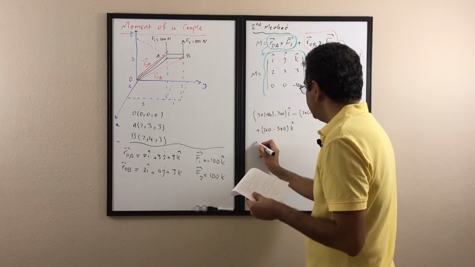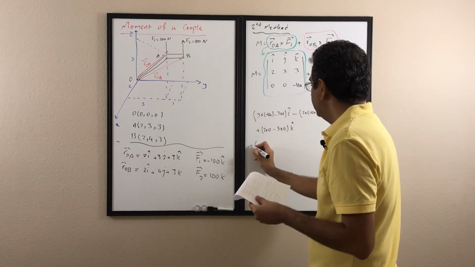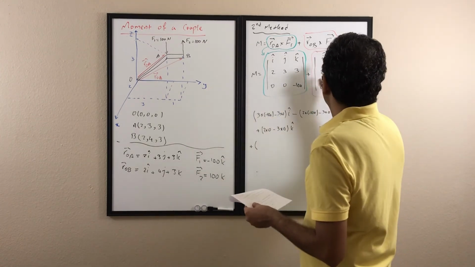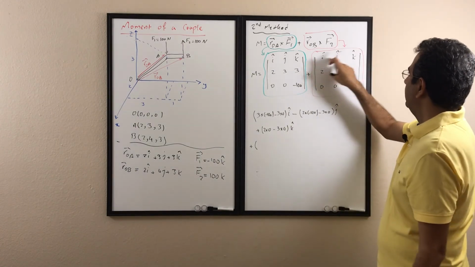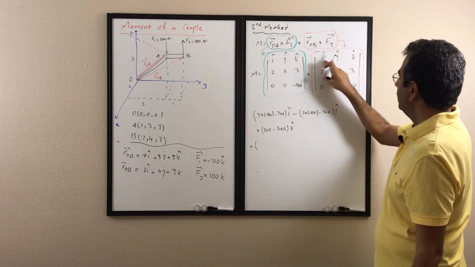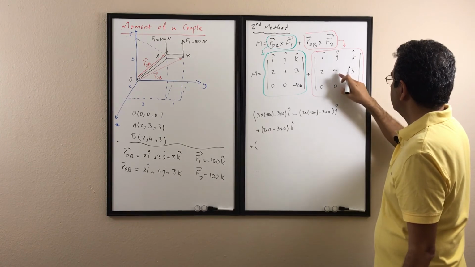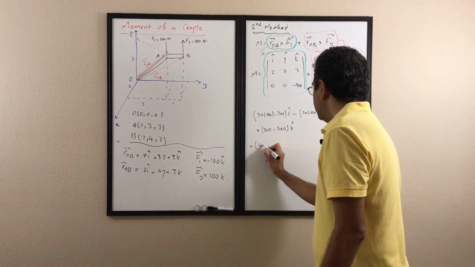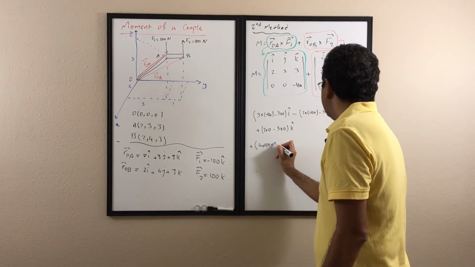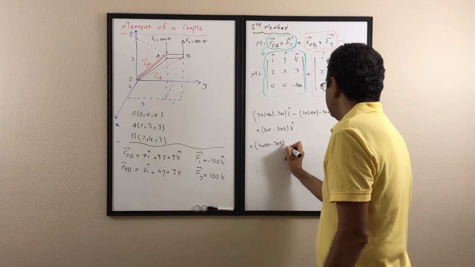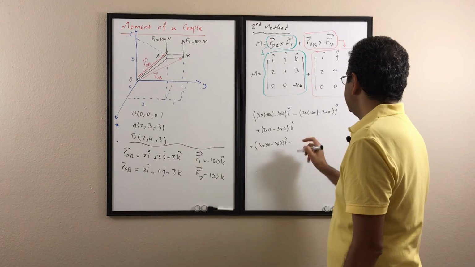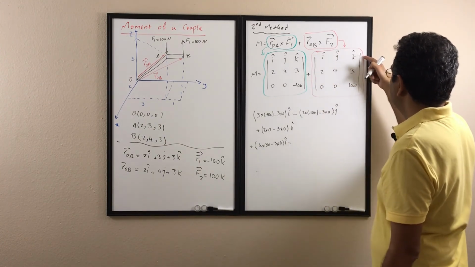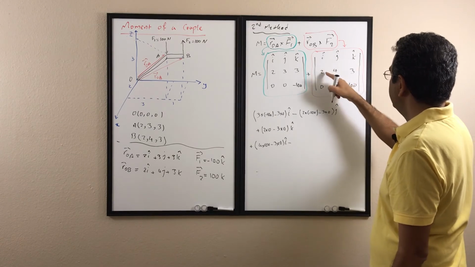This is the second determinant here, again plus. I start with the i, remove the row and the column that i is in, and calculate the rest. So it's 4 times 100 minus 3 times 0, i. The second one is negative. I go for the j, remove the row and the column that j is in, and calculate the rest.